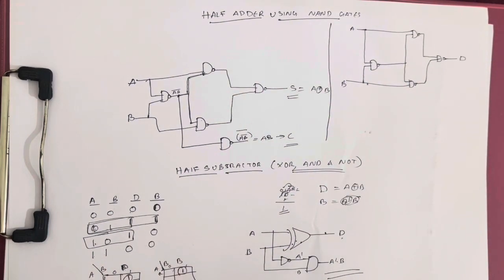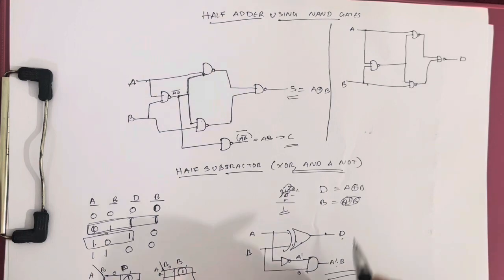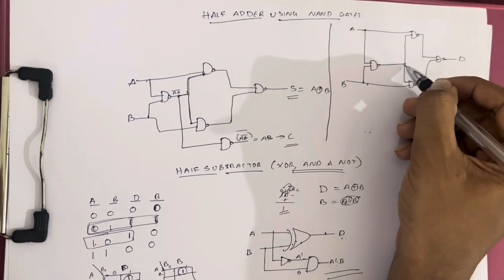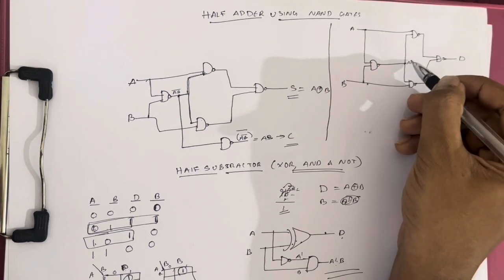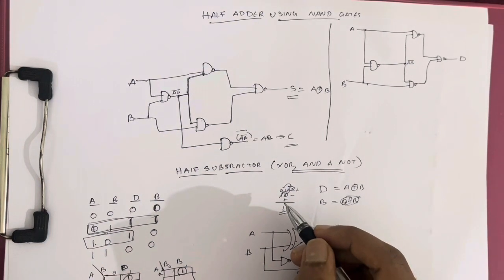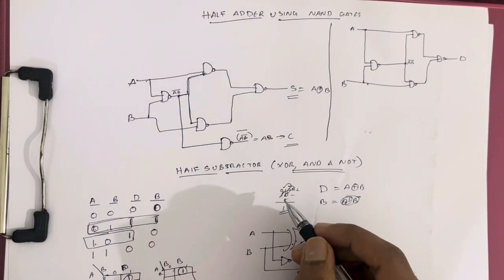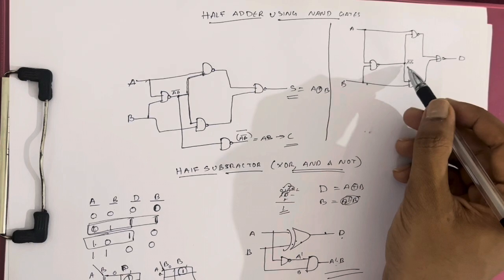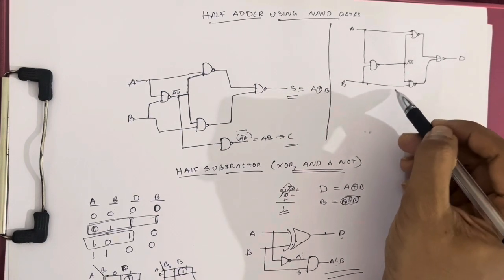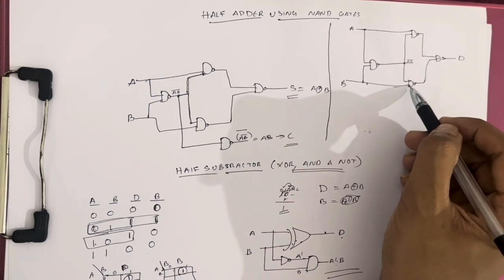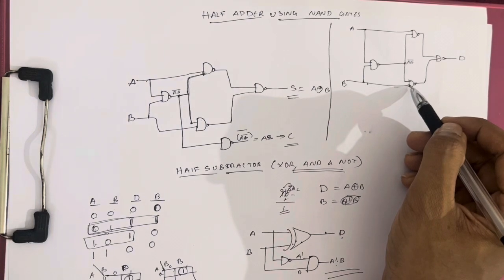Okay, from here we need A complement B. How do we get A complement B? From the output we get here as AB whole complement, right? From that AB whole complement, there is B coming through this, right?